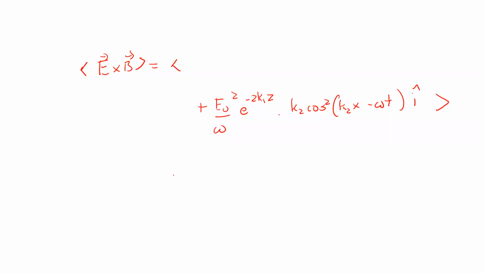So we have E naught square by e power minus 2 k1 z k2, and notice that the time average of cos square over a period is nothing but half. This is your cos function, which starts out like this and comes out like that.